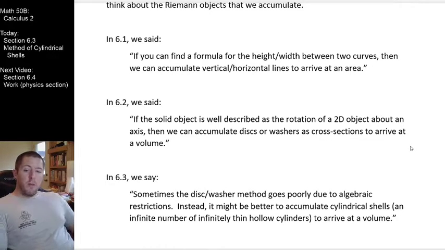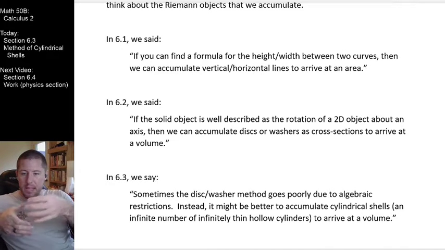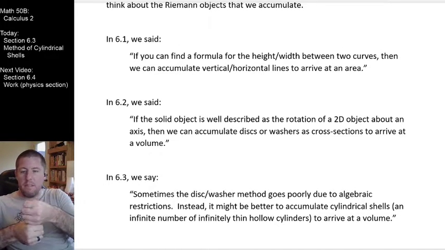Today in section 6.3, we're going to say sometimes the disk and washer method goes poorly due to algebraic restrictions. One of the things that we have to be able to do with the disk washer method is define our inner and outer radii if we're looking at a washer, and sometimes that gets to be difficult to do. Instead, it might be better to accumulate cylindrical shells, an infinite number of infinitely thin cylinders, to arrive at a volume.